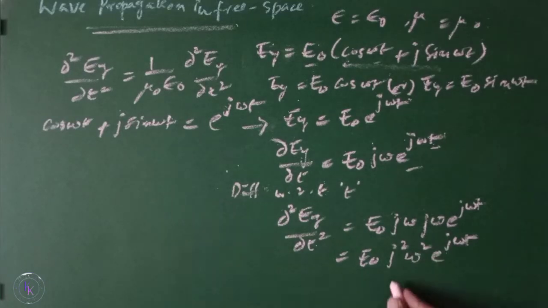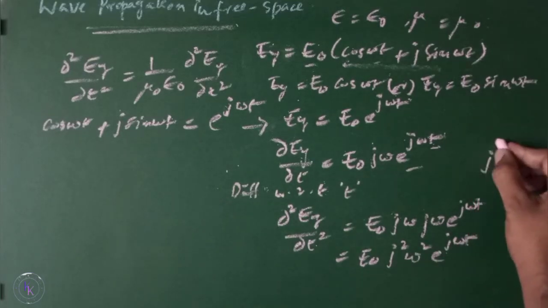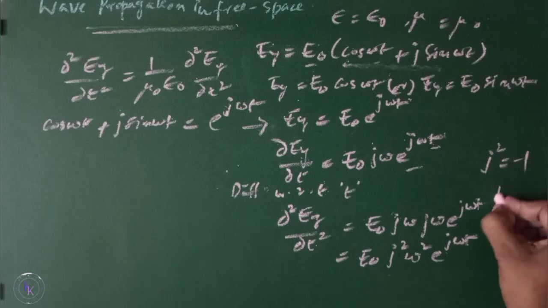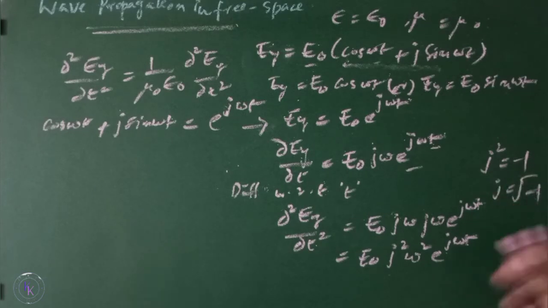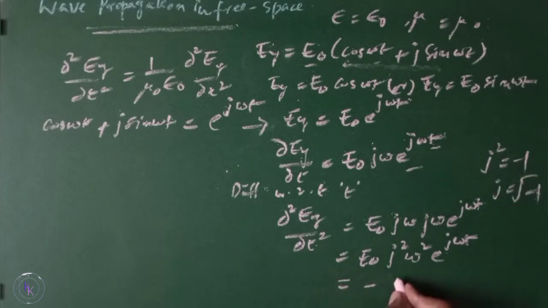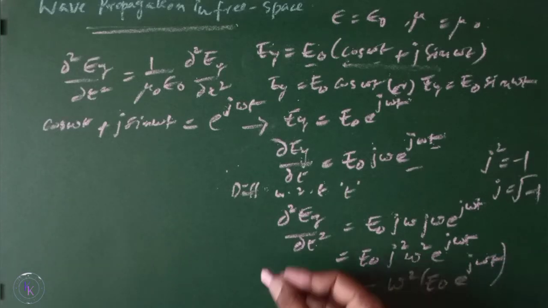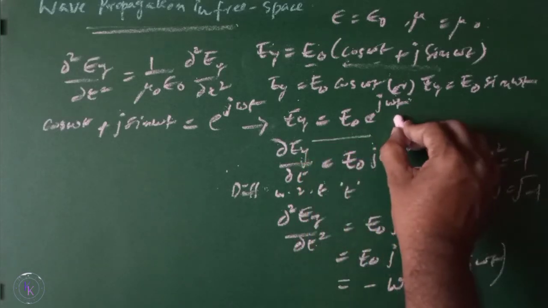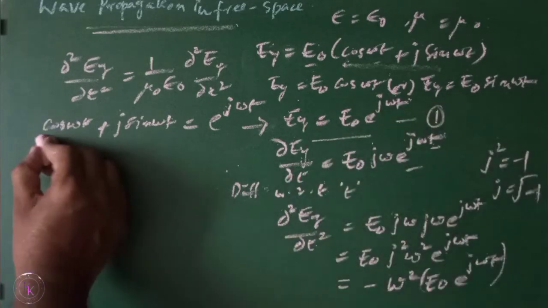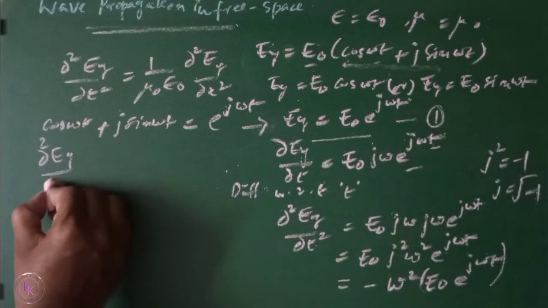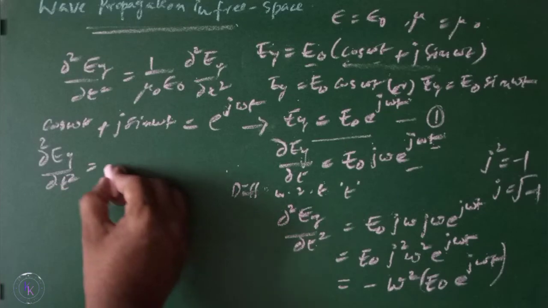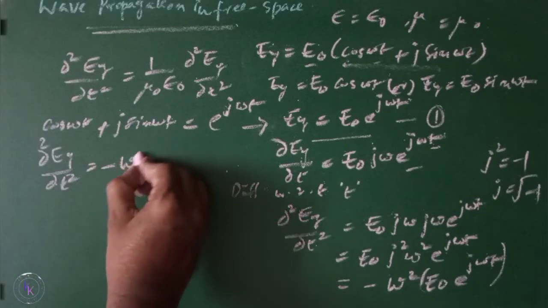And we know that j squared is minus 1, or j is the square root of minus 1. So this equals minus omega squared E naught e to the power of j omega t, which is nothing but Ey from equation number 1. So ∂²Ey/∂t² equals minus omega squared Ey.